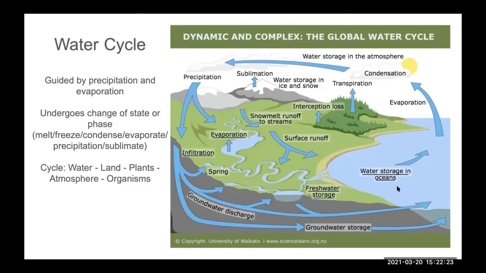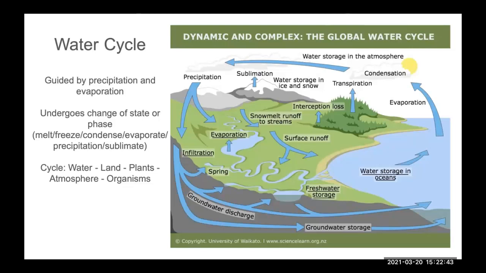This is known as surface runoff. This is another way for the water cycle to continue the evaporation-precipitation portion of the cycle. Some of the water is given off as evaporation, some is surface runoff into the oceans or into freshwater storage.